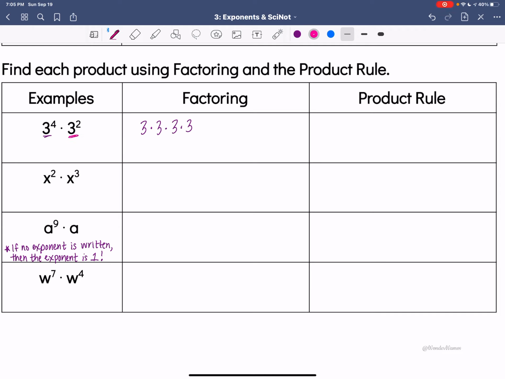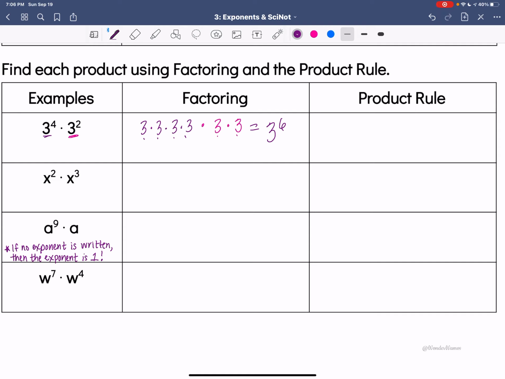We have, and remember we're still multiplying, 3 times 3. So for 3 to the 4th power you wrote 1, 2, 3, 4 threes, and for 3 squared you wrote 2 threes. Now if you combine all those together, 3 times 3 times 3 times 3 times 3 times 3, you're going to get 3 to the 6th power. So that's how you would factor it, by writing it all out.